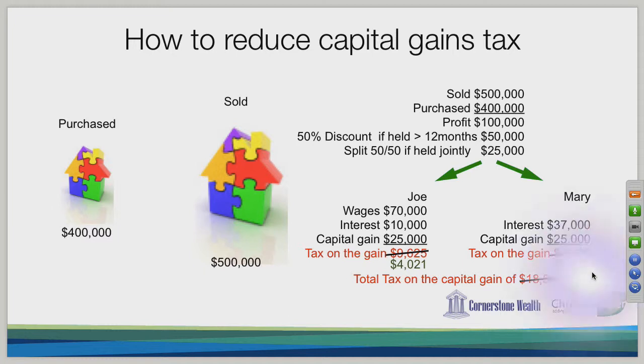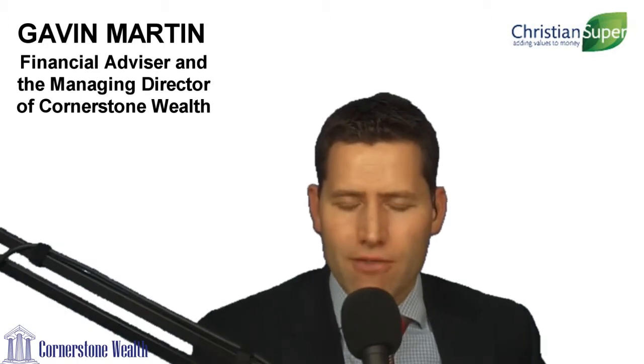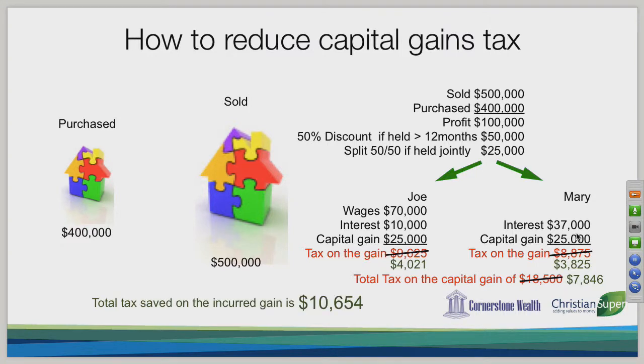And so rather than paying $18,500, they're paying something like $7,846. So yeah, as I mentioned, around $11,000 in tax savings. So 2 different methods. One's through salary sacrificing to super. The other one's by making personal deductible contributions to super.